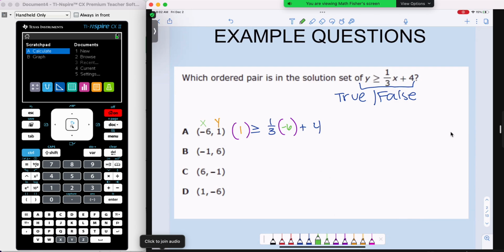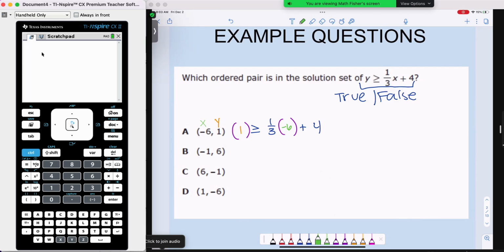Now I'm going to go to my calculator and type it in: parentheses 1. To get this inequality symbol, we do control equals, pick the right one, then put that fraction in with control divide, 1 over 3, parentheses, -6, parentheses, plus 4, enter. And it says false. So that cannot be my answer.